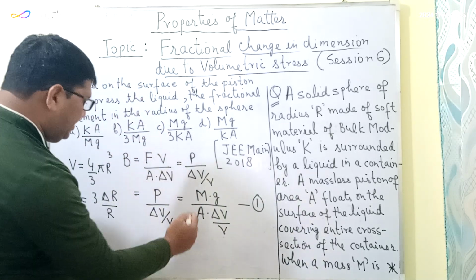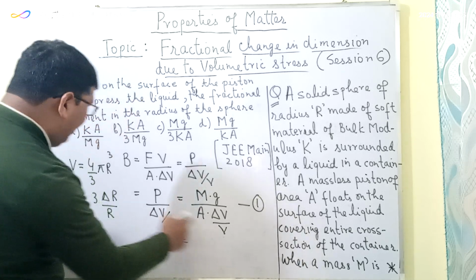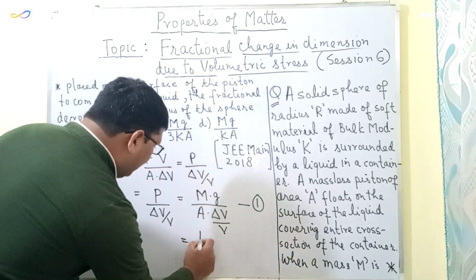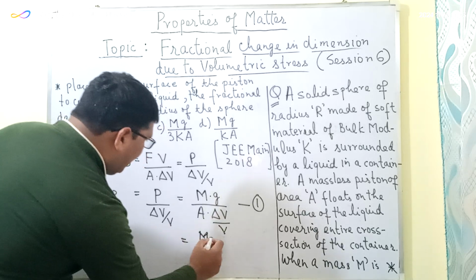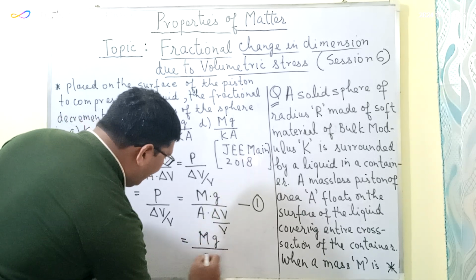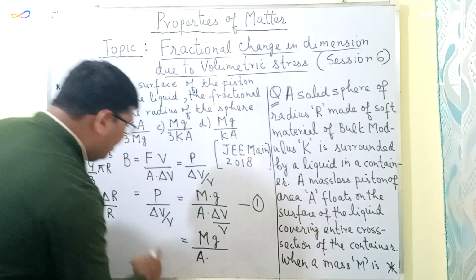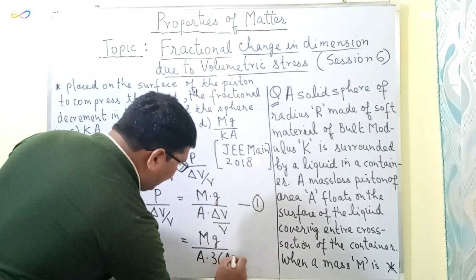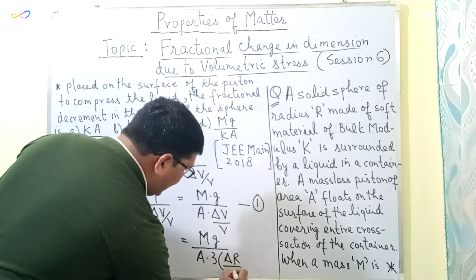By substituting delta V by V as 3 times delta R by R, I will get the formula as mg divided by A into, now delta V upon V is equal to 3 times delta R upon R.